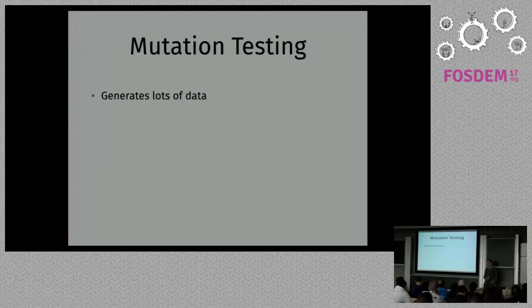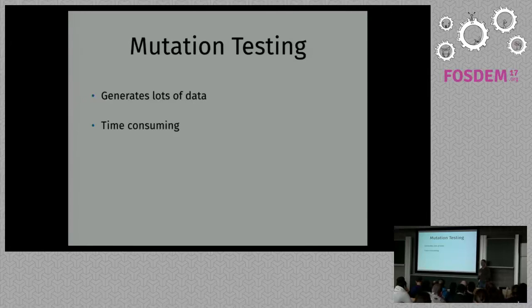The first problem is that it generates lots of data. For just 10 tests for a small program, you can end up with 100 mutants. And if you execute those 10 tests against those 100 programs, you end up running the program 1,000 times in the worst case.